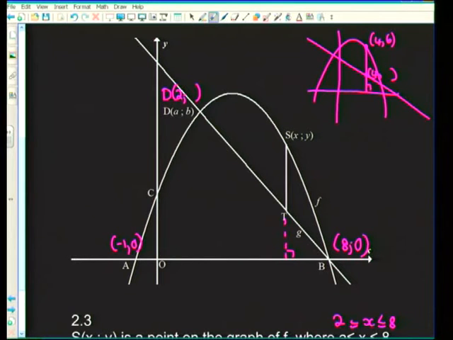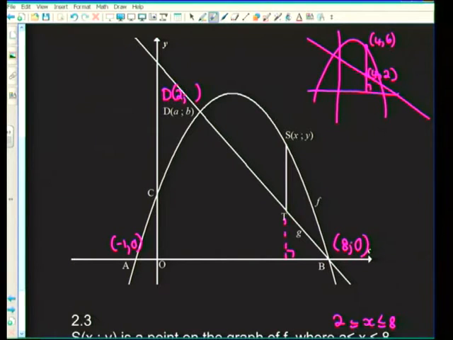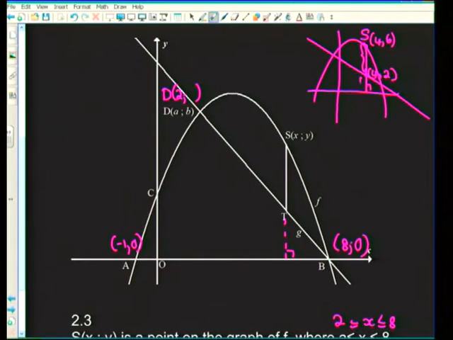So since they are perpendicular to the x-axis, their x values will be the same, but this one would be something smaller. So if I wanted to know this distance, what would I do? I would surely take the y value of the top point, subtract the y value of the bottom point. So in this case, if this was my ST, I'd take the y of S minus the y of T. So it would be 6 minus 2, which would give me 4 units.